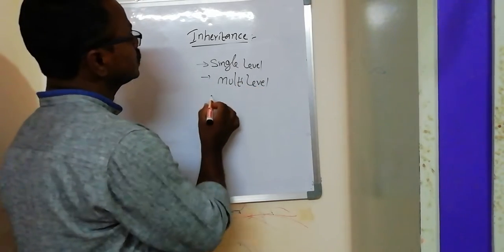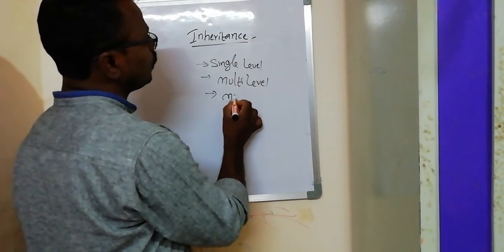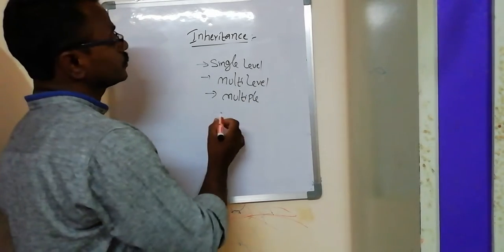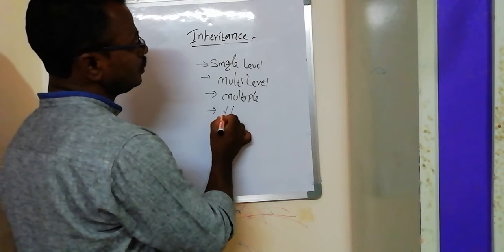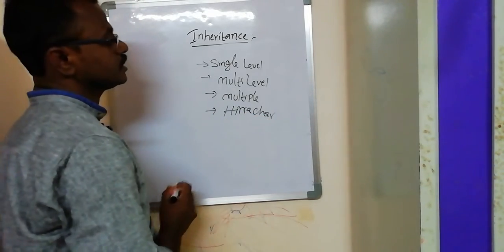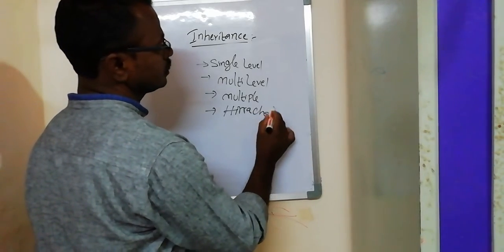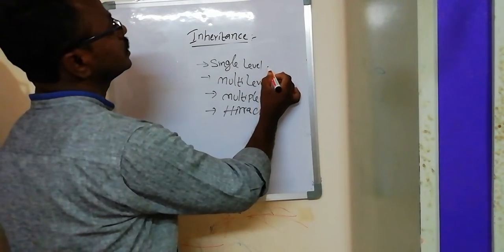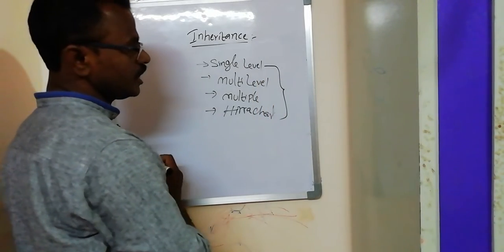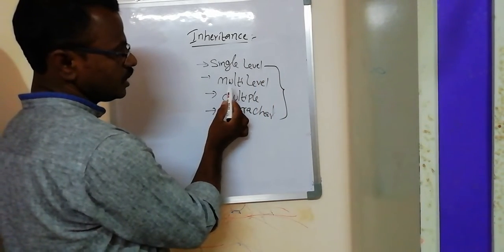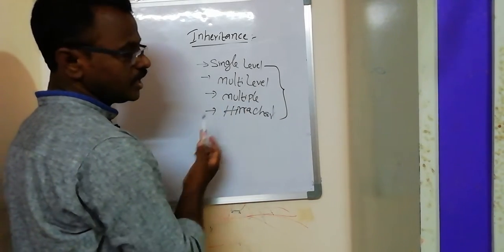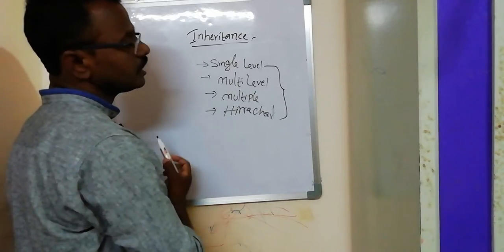Another one is multiple inheritance. The other one is hierarchical inheritance.